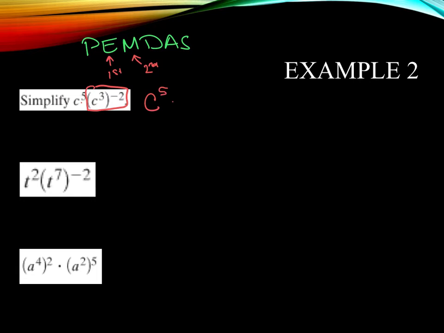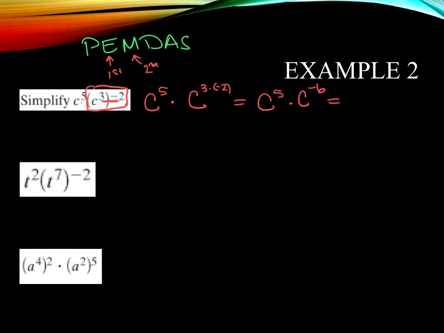So I really have c to the 5th times c to the, and then because I have a power to a power, this is really going to be 3 times a negative 2, or I end up with c to the 5th times c to the negative 6th. Now I can focus on the multiplication where I have the same base.